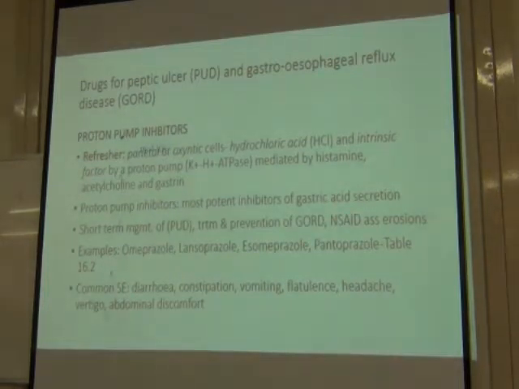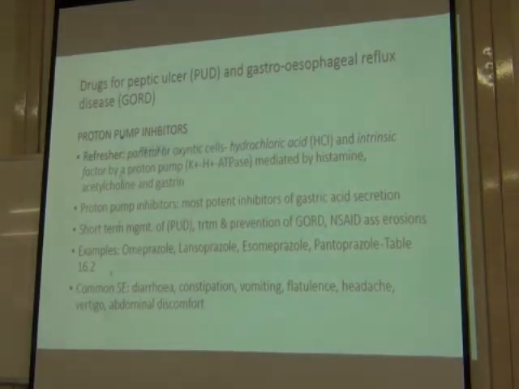If you remember, when we looked at how gastric acid is secreted in the stomach, we said your parietal cells secrete hydrochloric acid by proton pump activity, the exchange of ions, and the process is mediated by histamine.